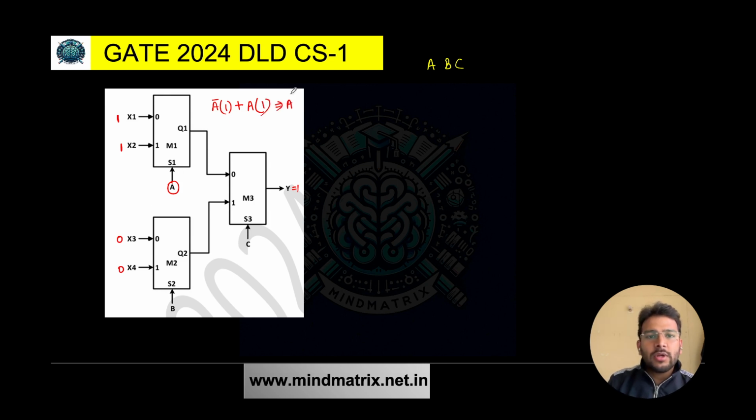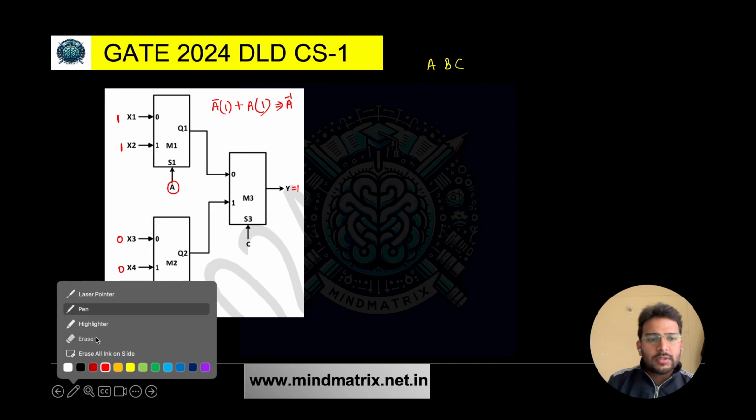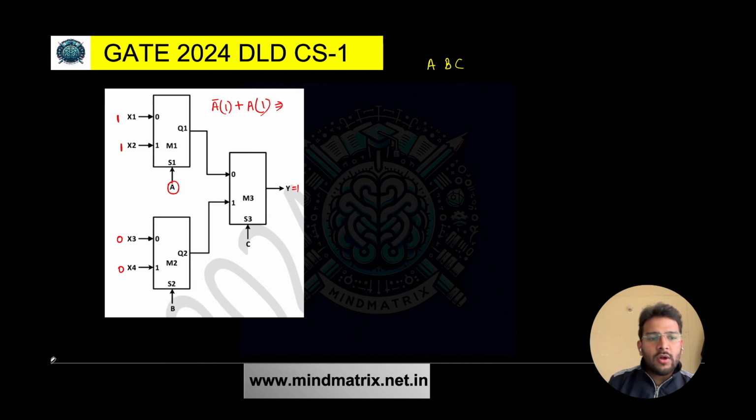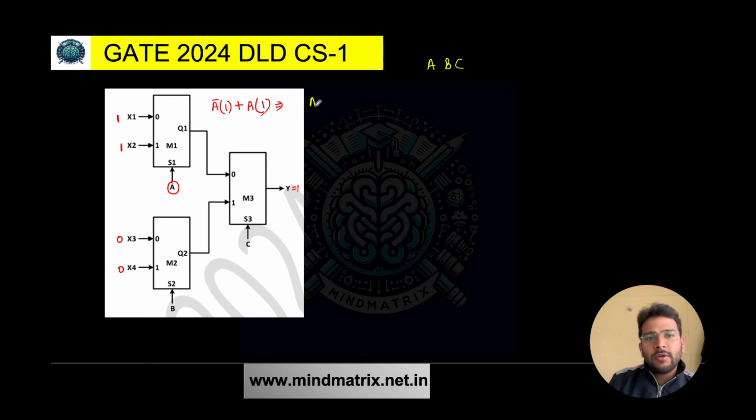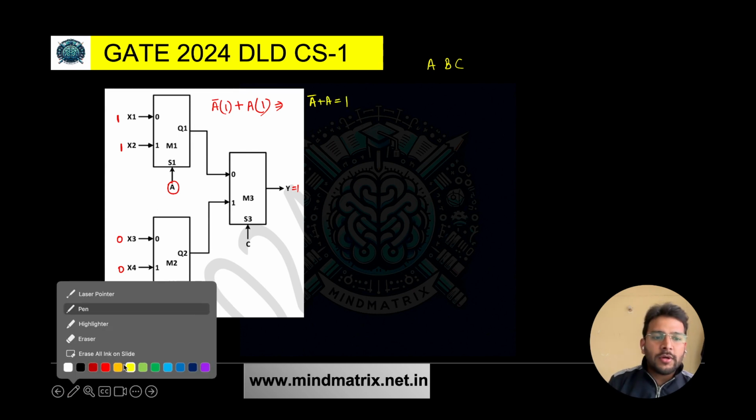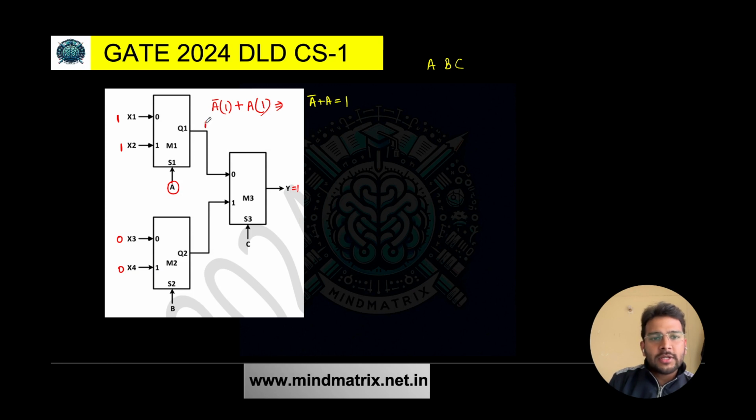Finally it is going to give you A complement or A, which is equal to 1 only. So the output of this first multiplexer is 1. That means the input to this one is also 1.